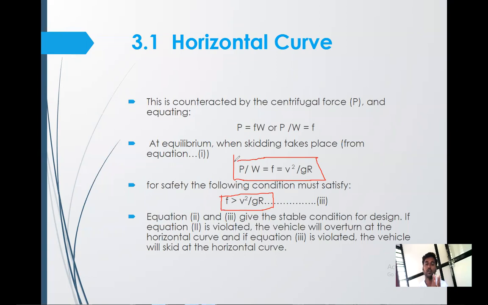And for the first case, to avoid the overturn, what is the condition? Simply replace f by V upon 2H. Write down this formula, everyone. It's a very important formula.